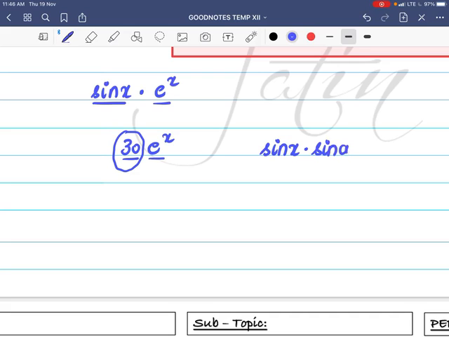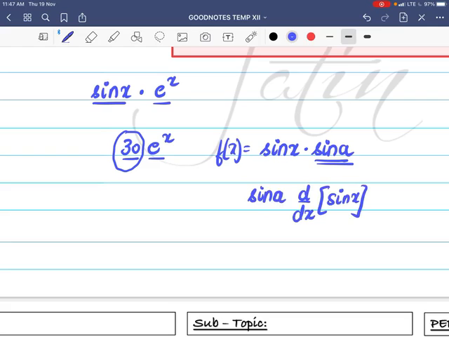Now are these two functions of x? No. Sine a will be treated as a constant because it is not a function of x. So therefore sine a will be treated as a constant, and then we will have the differentiation of sine x, and the answer can be easily found out.